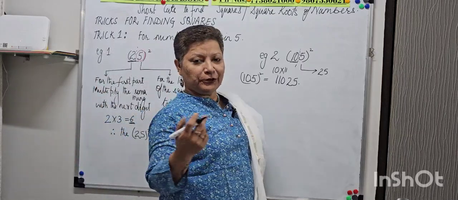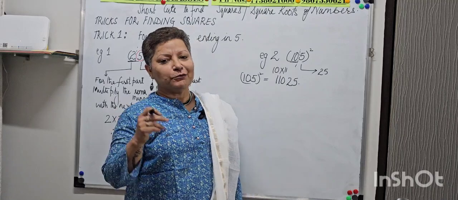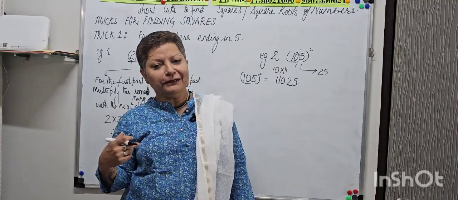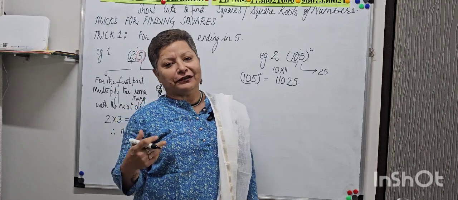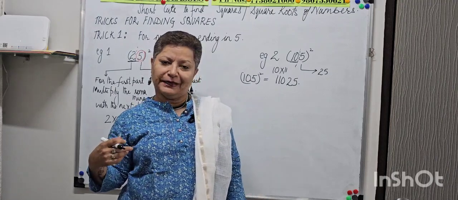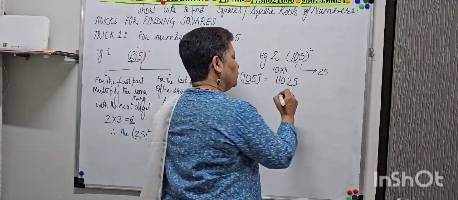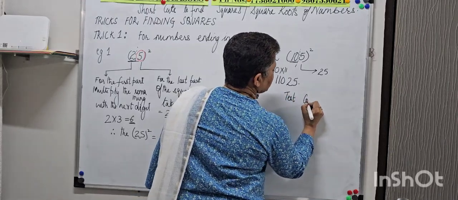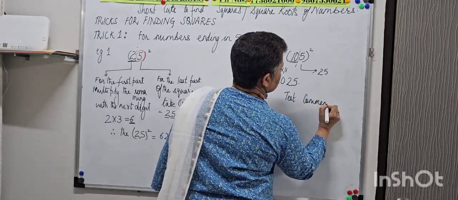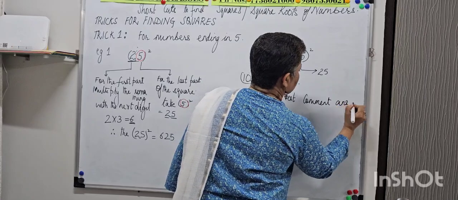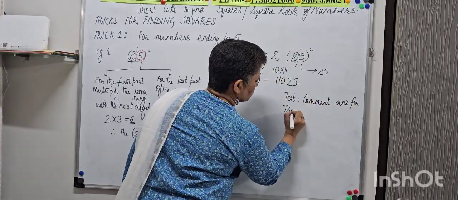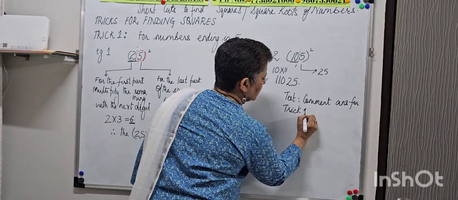Just as we've been doing in the previous videos, I'm going to give you some questions to test whether you got the trick or not, so that you can then use that trick with confidence in later questions. So for trick 1, your test is in the comments.